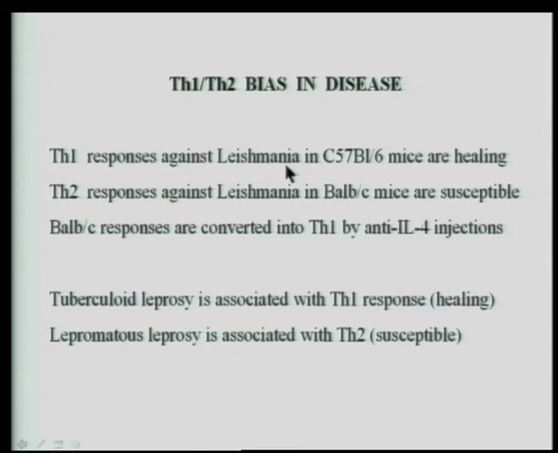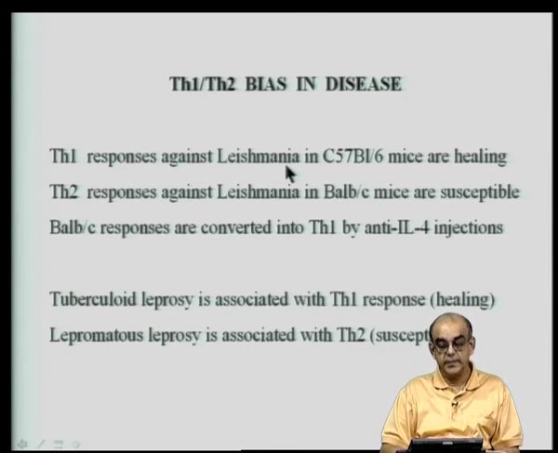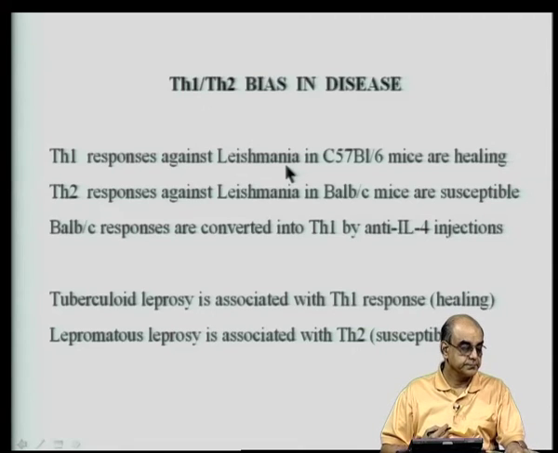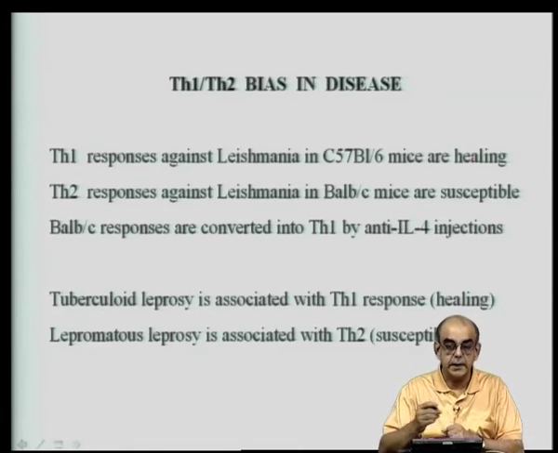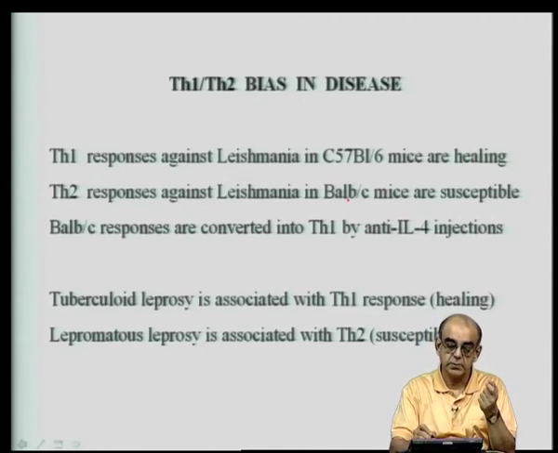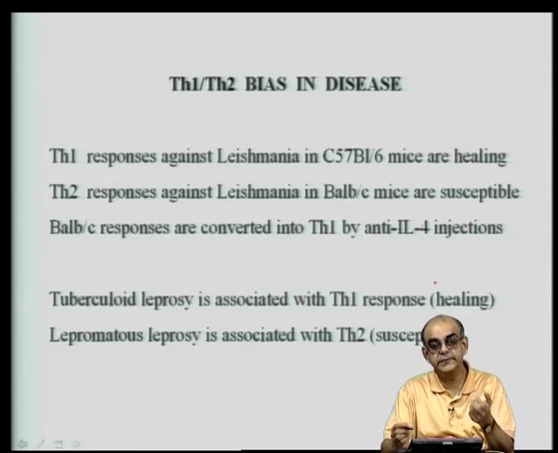And you find that in these situations, examples being Leishmania, especially in B6 mice, you find that Leishmania infection actually does not kill the mouse, but they are protected or they do not come down with death. On the other hand, another strain of mouse called the BALB/c mice, when infected with Leishmania, are susceptible to this organism and it leads to death.